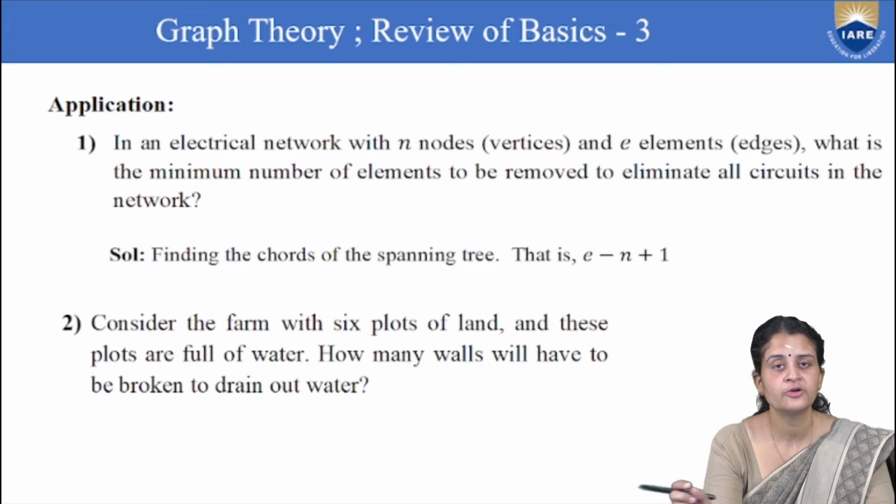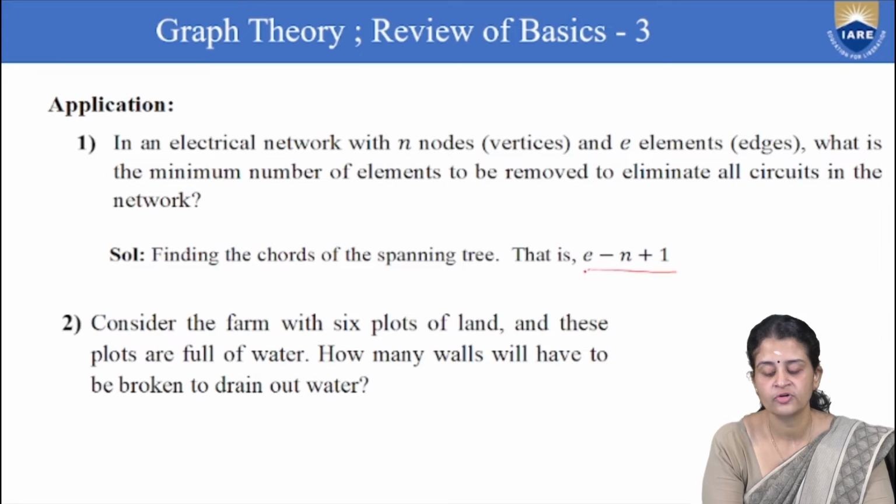That means we are required to find the number of branches as well as the chords. Here we have to find the number of elements that have to be removed, which means we have to find the number of chords. So the number of chords is E minus n plus 1.